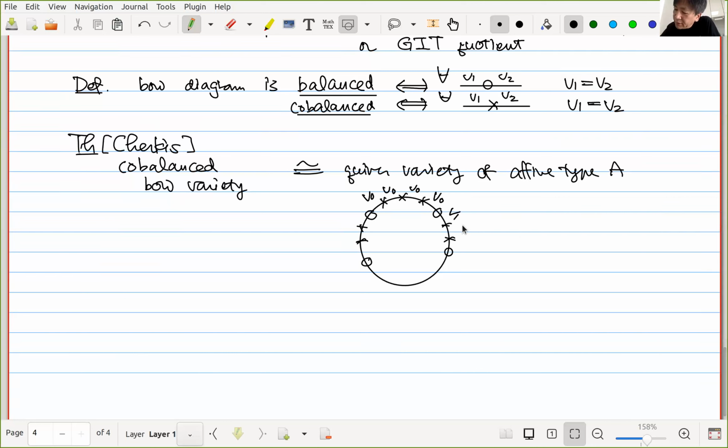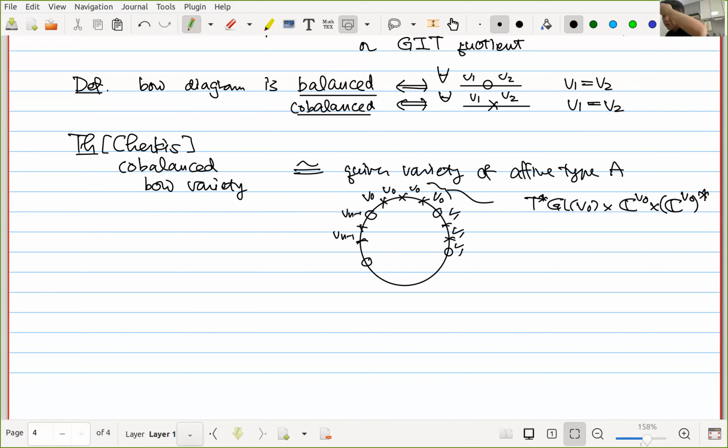So we have V1, V1, and this is Vn minus 1, and so on. But recall, I mentioned that for the new building block, if the dimensions are the same, this part is T star of GL V0 cross C of V0 cross C of V0 star.